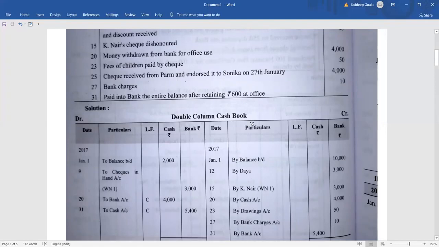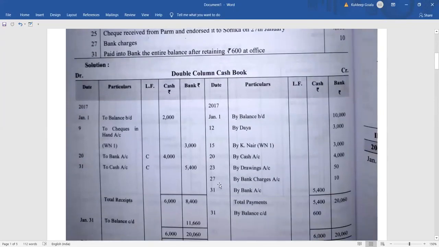So bank will directly cut this amount from our bank account, isn't it? So that is why it will also be deducted from the bank column. So obviously deduction will come on the credit side. So it will come on the credit side as on the 27th of January, by bank charges 10 rupees in the bank column. Clear? Is it clear?